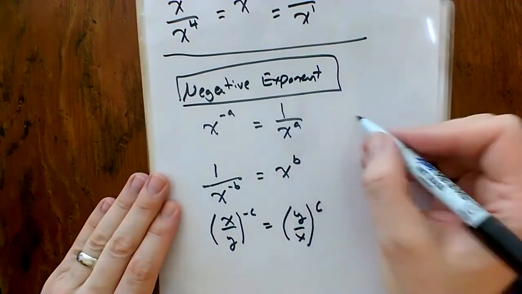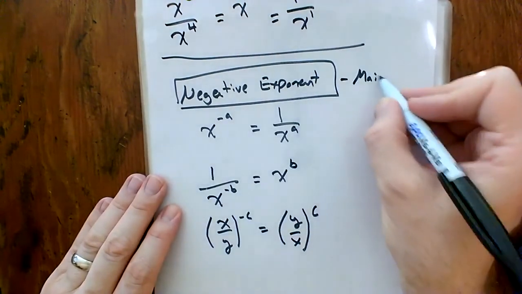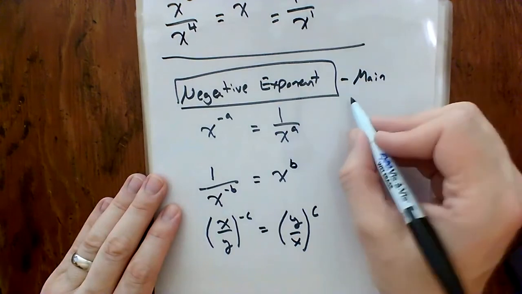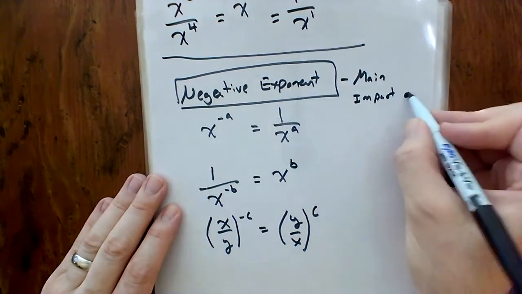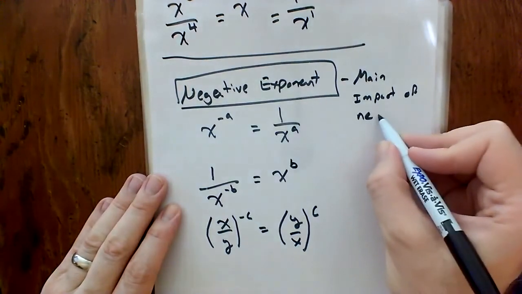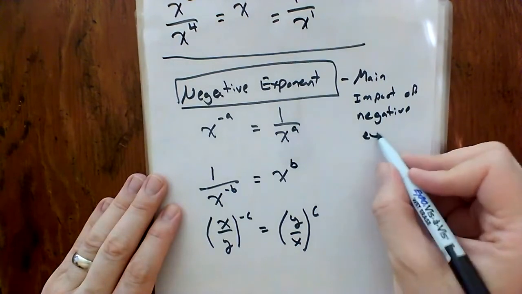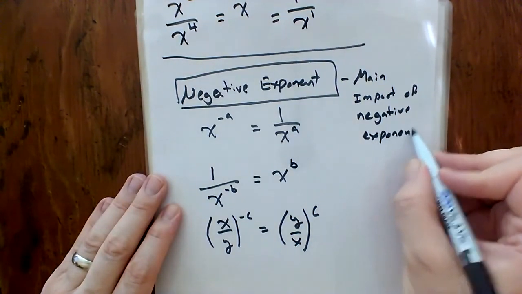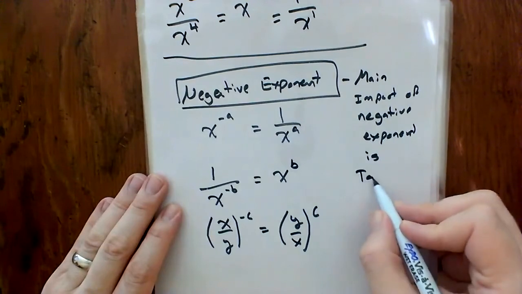So the main impact of a negative exponent is taking the reciprocal.